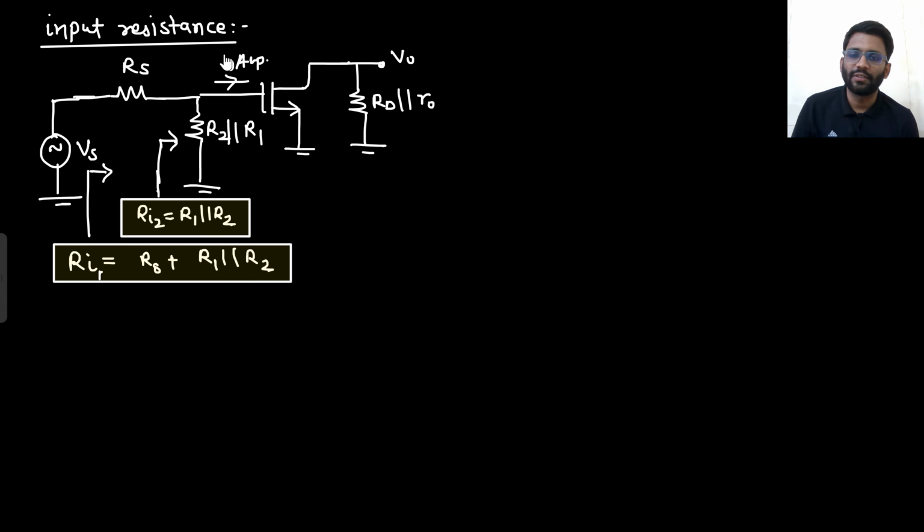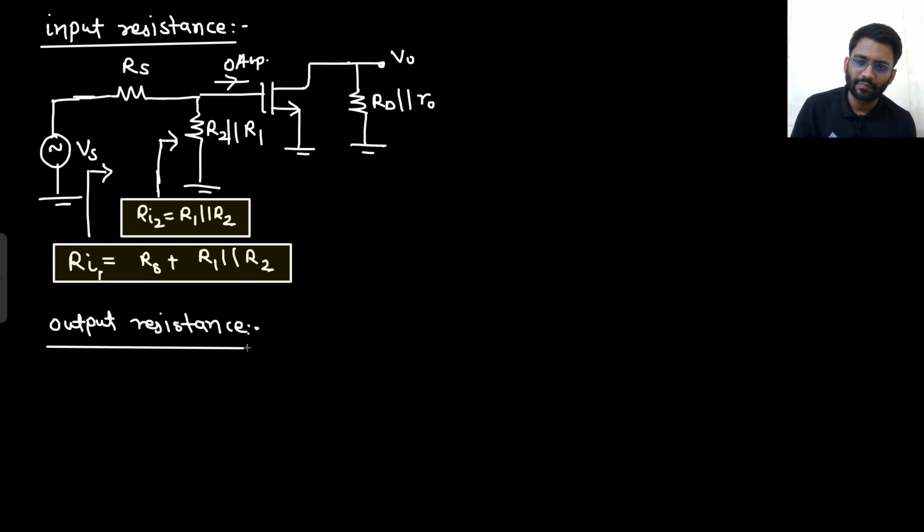Now what about the output resistance? So while writing the output resistance, what you will do? You will short circuit the Vs. Short circuiting the Vs, this RS will be shorted.